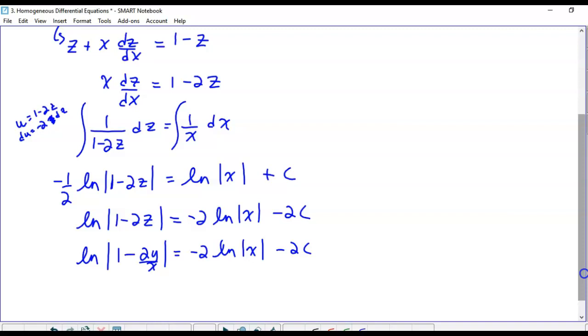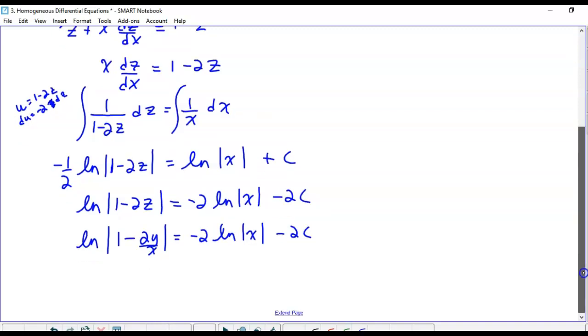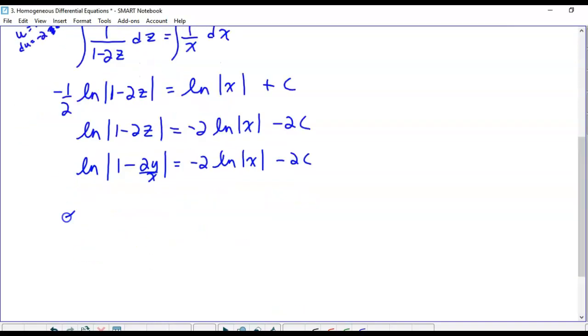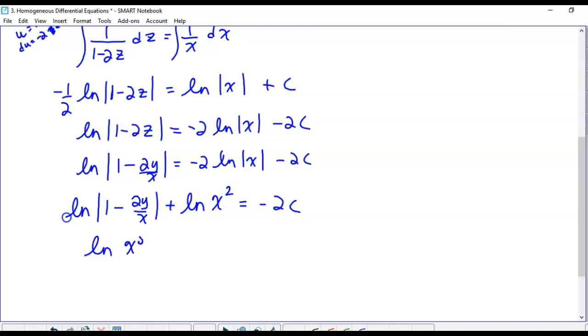And then I can bring the terms together, the log terms together. When I bring that over to the right, that's going to be really x squared, the argument. Now I'm adding logs, so that's going to be ln of x squared times 1 minus 2y over x.